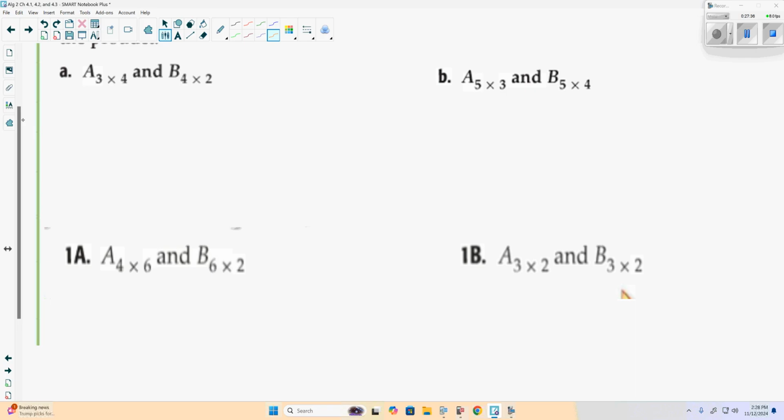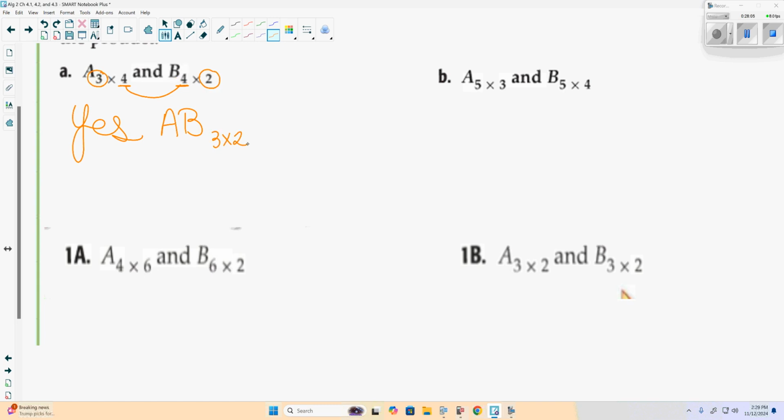So if we look at A, matrix A's columns is 4. Matrix B's rows is 4. Are these the same? So can we multiply these together? Yes. Now our new dimensions for A and B is going to be the rows of the first by columns of the second.